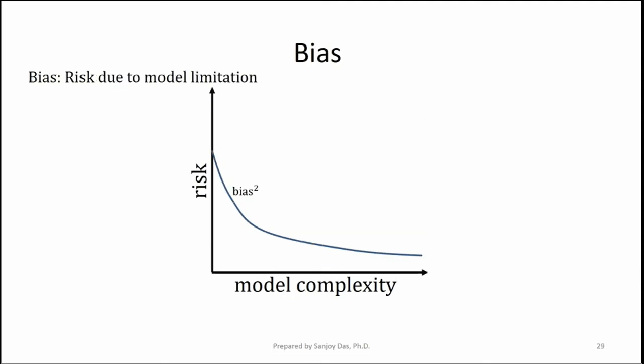We already saw that when the noise is removed, the risk from the training samples was steadily going down like this. And now we call this component of the risk the bias. Now, why does the bias go down like this?